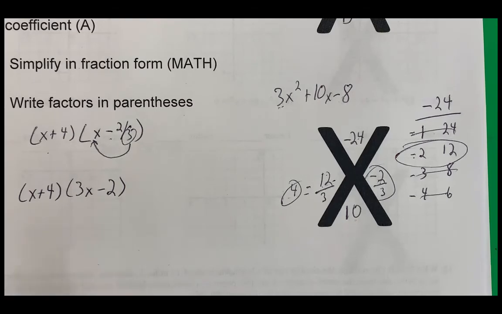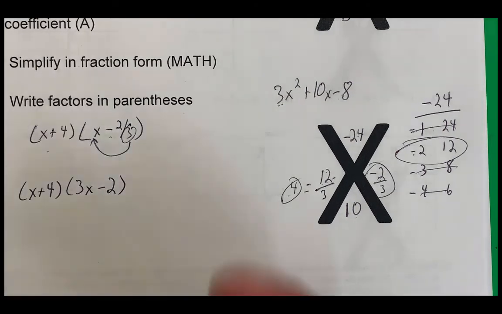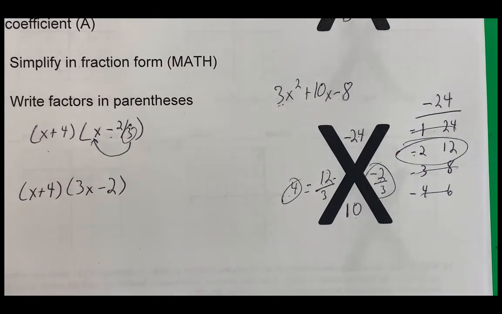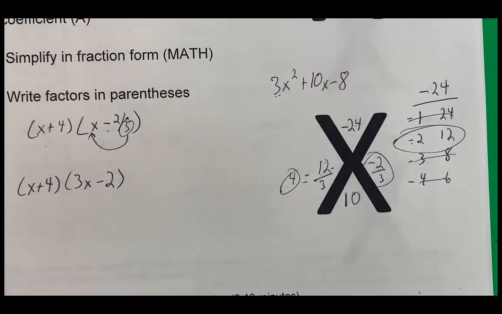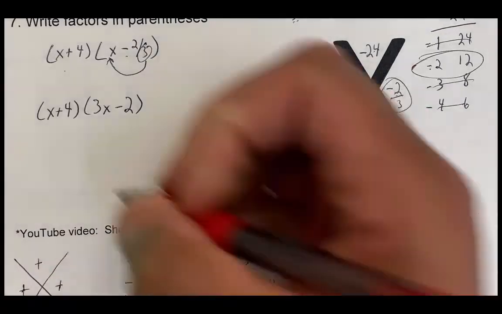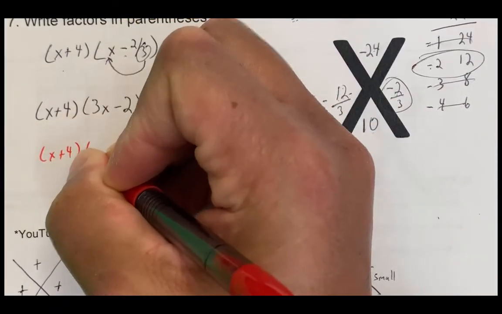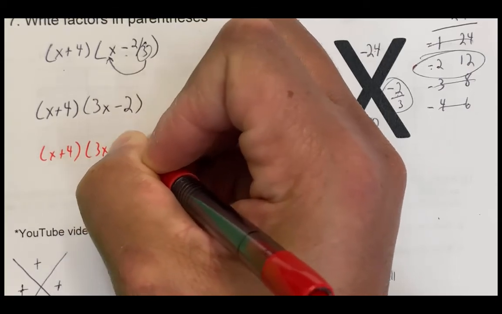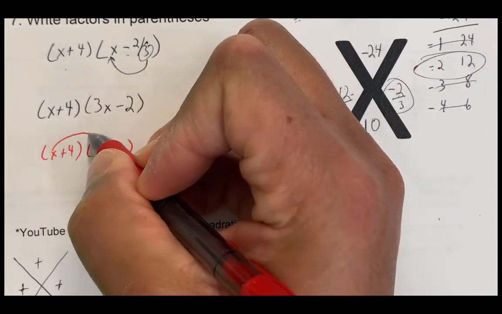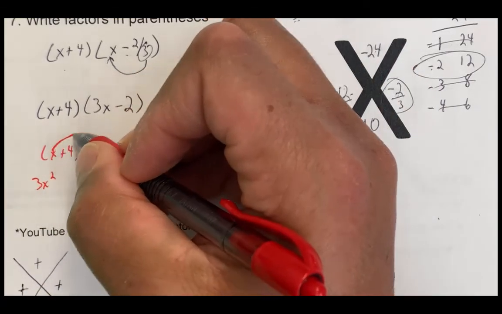Now, of course, what you should always do is check your answer. And the way we check our answer when we're factoring is we do the opposite. Opposite of factoring is distributing. And so if I were to distribute this, if I took x plus 4 times 3x minus 2, and I distribute, x times 3x is 3x squared.